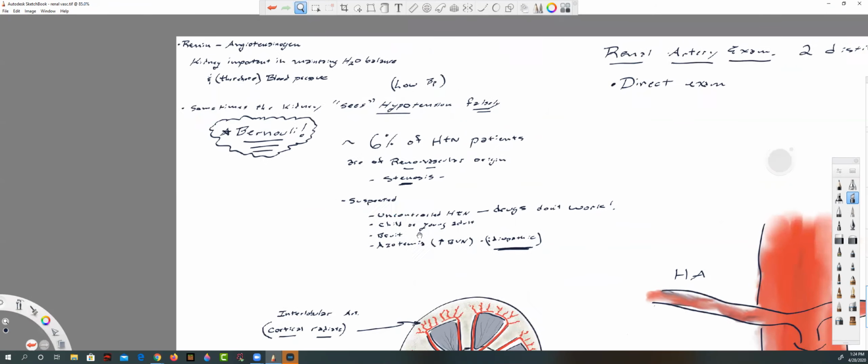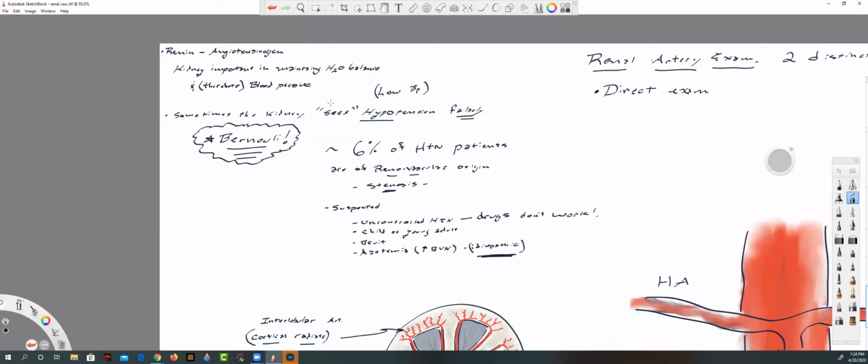Okay, so we have an idea so far that the kidney is seeing hypotension falsely. We know that for the majority of hypertension patients, the doctors have a pretty good idea of why the patient has hypertension, but for 6% of them, it's kind of a mystery, and so then they go to renal vascular origin.